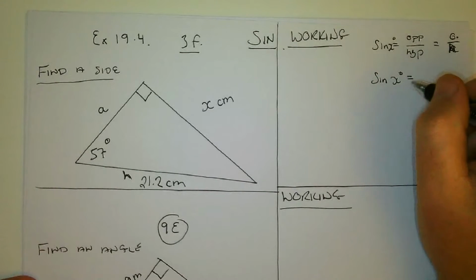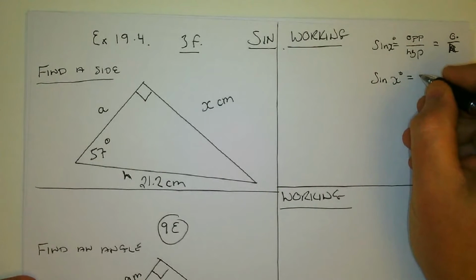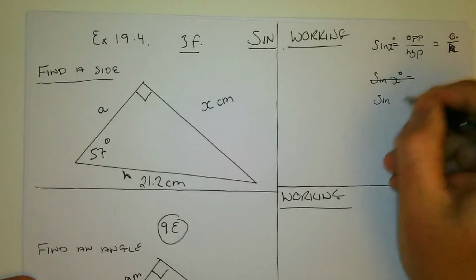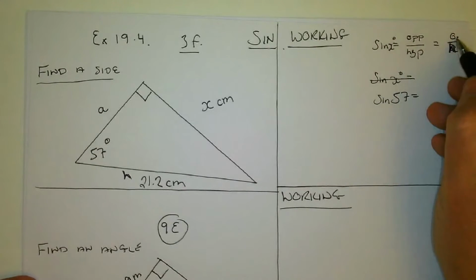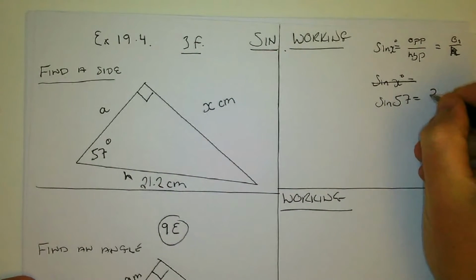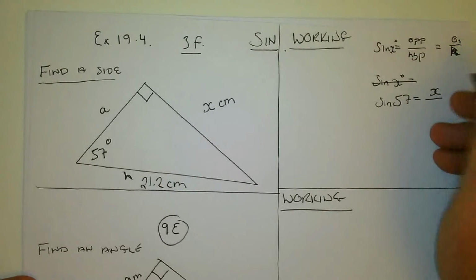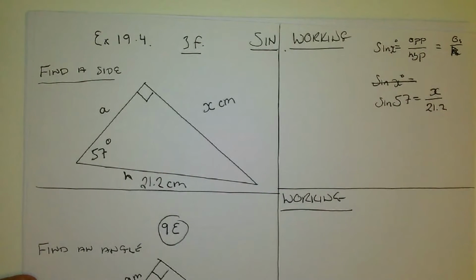So sine x degrees, well, we know what that is. It is sine of 57, that's rubbish guys, that's terrible, equals my opposite, I don't know what that is, x, all over H, 21.2.